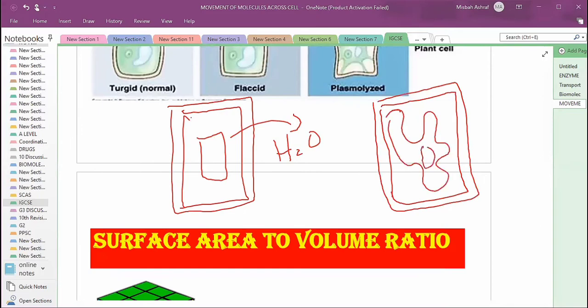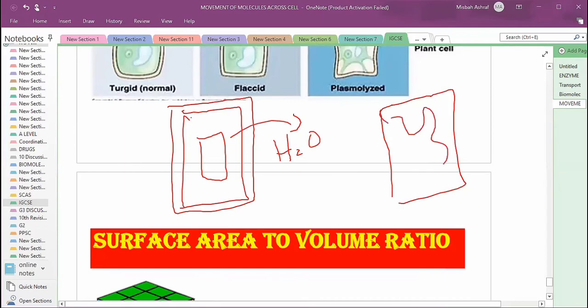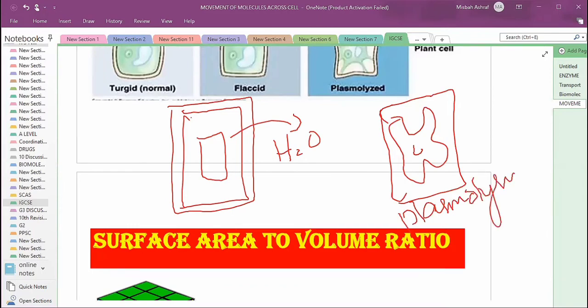Not the whole cell shrinks. I have drawn two lines here, but there will be only one line. Only the cytoplasm of the cell shrinks, and this is known as plasmolysis. Plasmolysis is the shrinking of the cytoplasm.